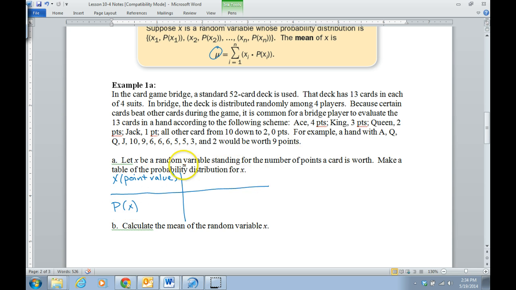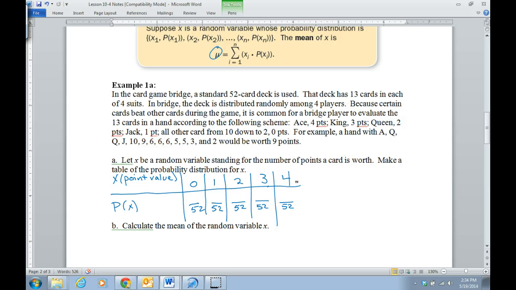We have several different possibilities: a point value of 0, 1, 2, 3, and 4. There are 52 cards in a deck, so they're all going to be out of 52. 52 is the denominator.